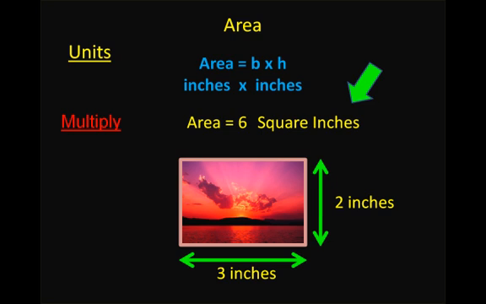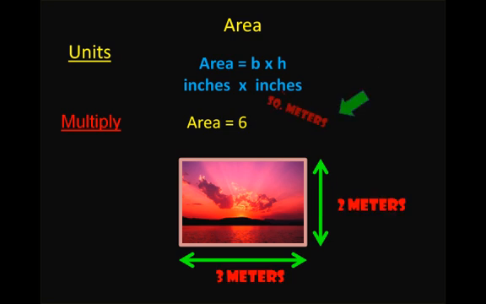So it's different from addition. When we multiply, we get square inches. Now, what would happen if we used meters instead of inches? Our answer would be 6 square meters. So whatever unit you're using, inches, feet, meters, kilometers, you're going to square it.